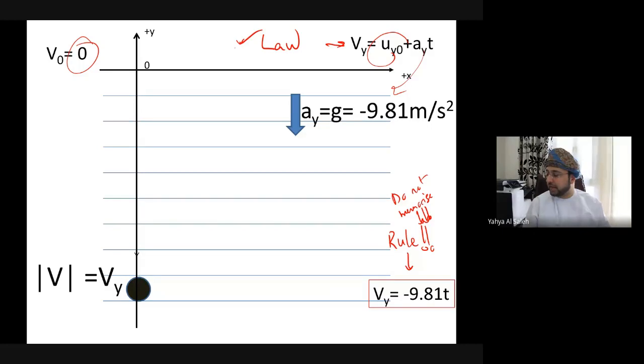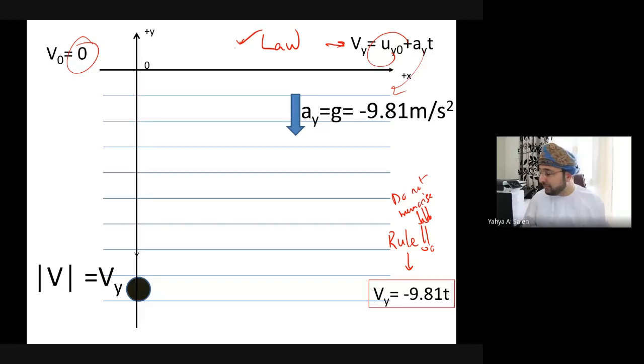Okay, what if I decide to call this direction smiley face and the downward direction sad face? Is it a problem? It's not a problem. We simply call it up because someone at some point in history decided to call it up.